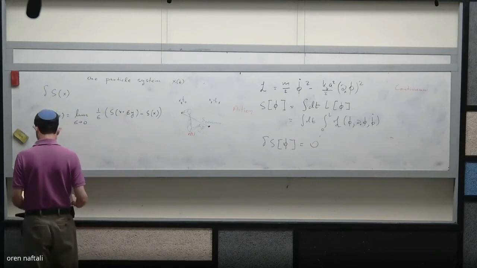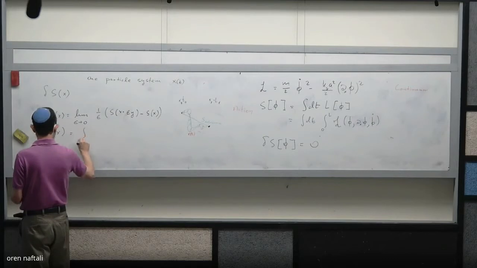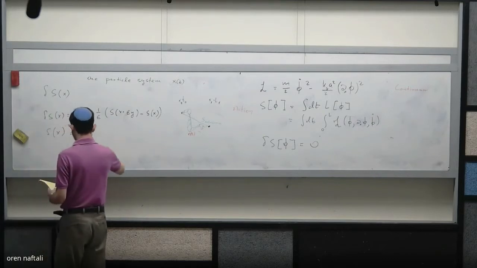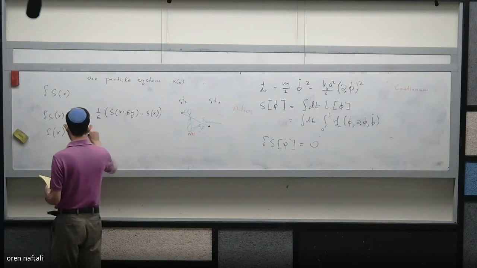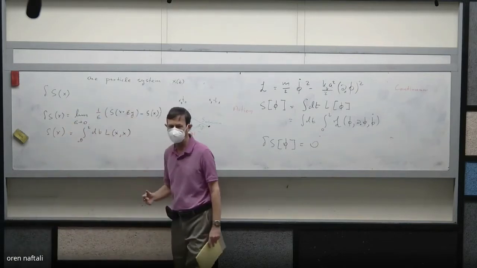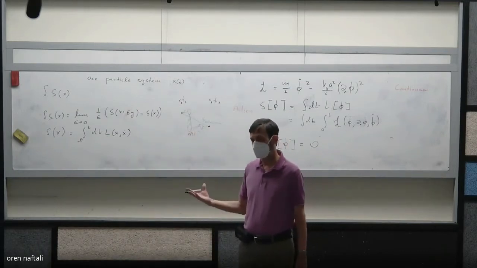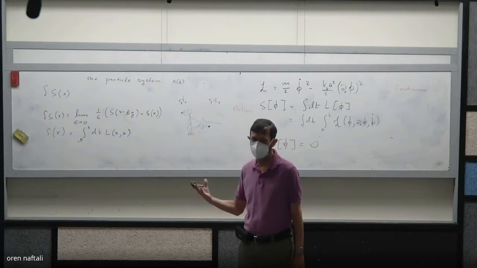So taking a very simple formulation of the Lagrangian of a single particle that depends on x and the derivative of x.